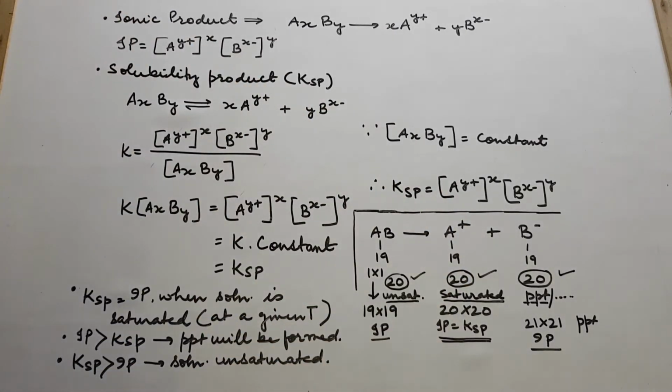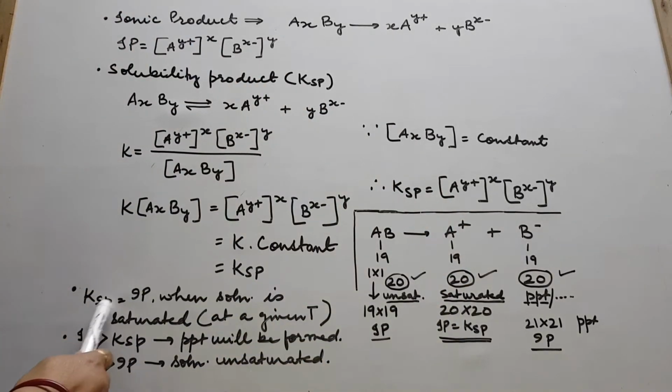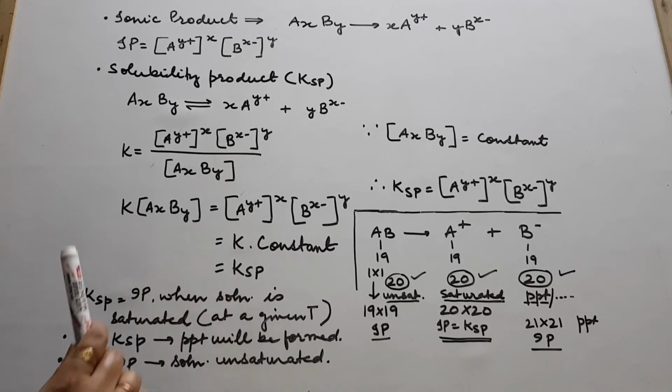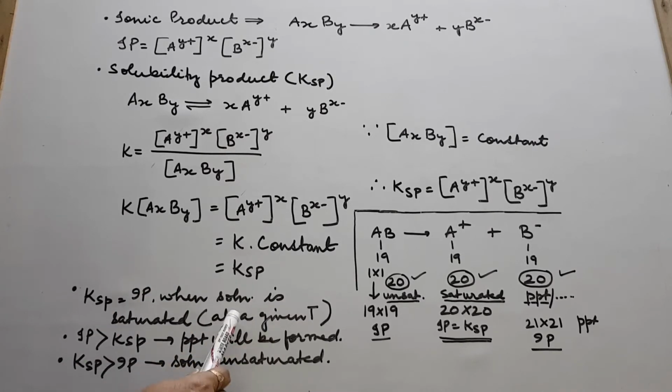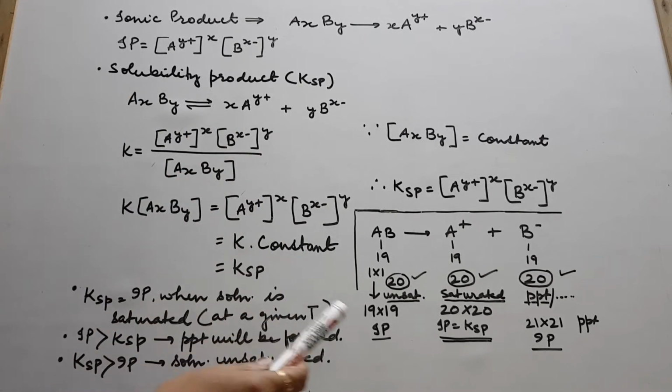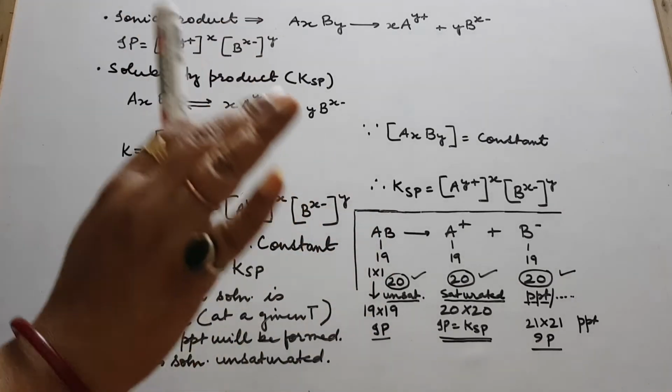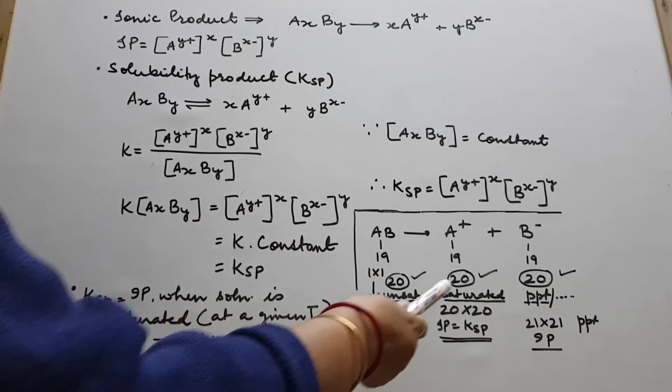You compare the two. If KSP is equal to IP, the solution is saturated at a given temperature, because the values of KSP are fixed at a given temperature, because that reflects solubility.